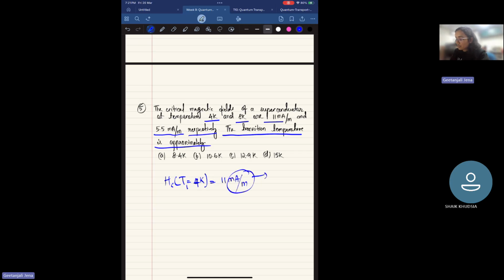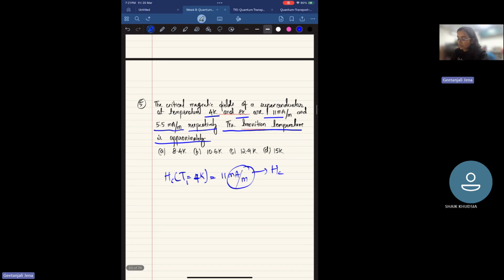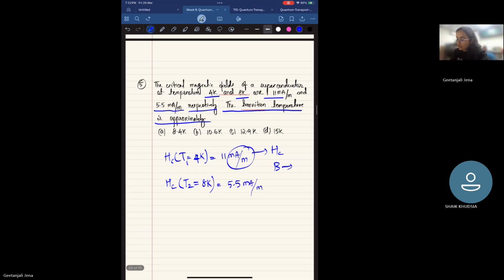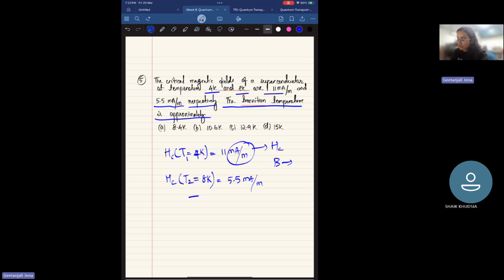This unit is for magnetic field intensity. Please remember the unit also. For B, we have either Tesla or Gauss, but for Hc, we have ampere per meter. And it's also given for a different temperature, 8 Kelvin, it is 5.5 milliamp per meter. So what is the transition temperature, which is Tc?